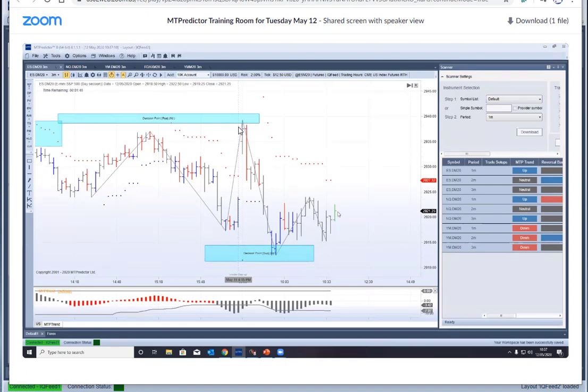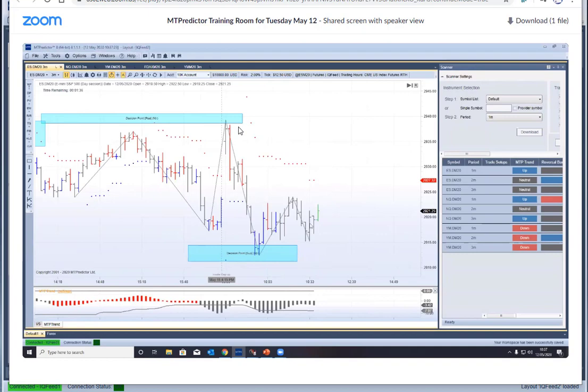It now looks like we should be doing, this may be an ABC correction here. How can you then anticipate an area of where you might like a wave C ending? Well, this is where we use our WPTs.